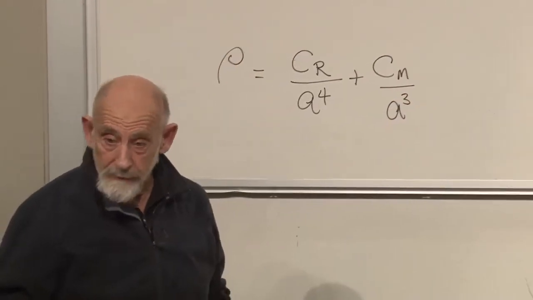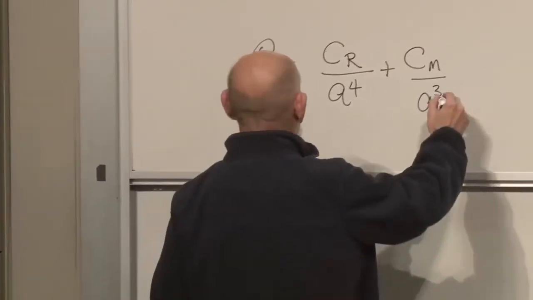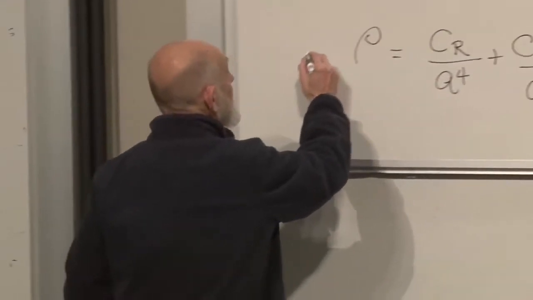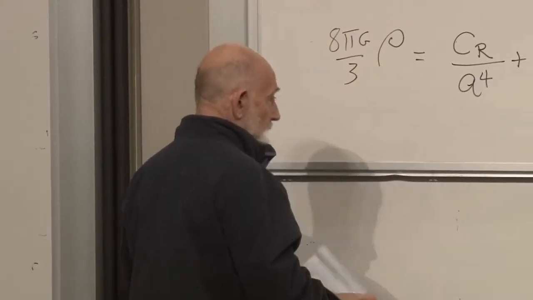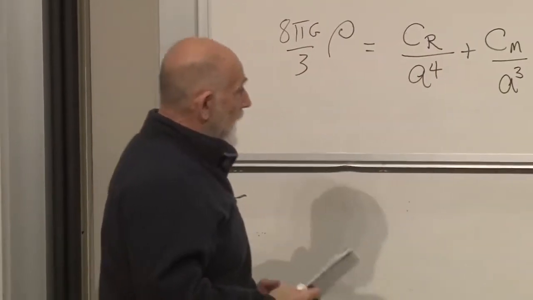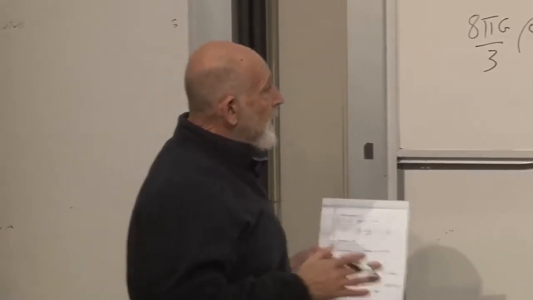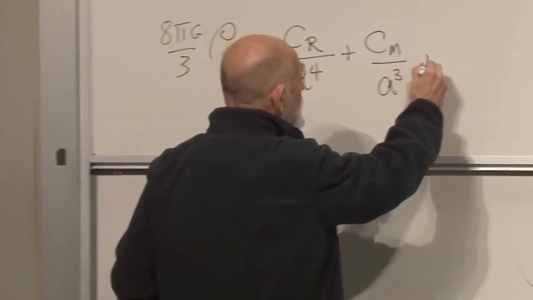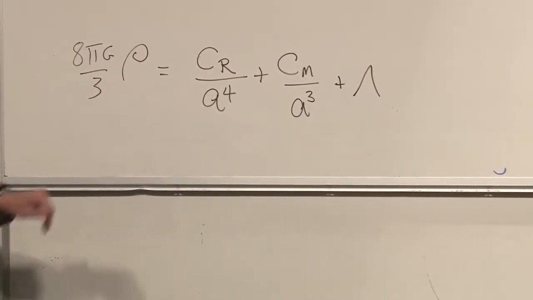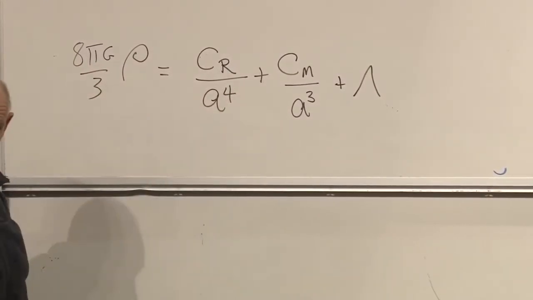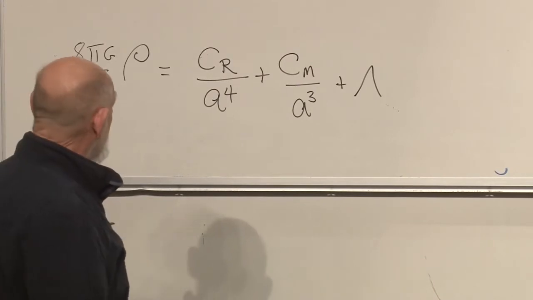Then there's the possibility of vacuum energy. Let's actually put here 8 pi G over 3 and continue to use the right-hand side the way I've written it. Then the vacuum energy would be times lambda, the cosmological constant. That does not dilute with increasing radius.